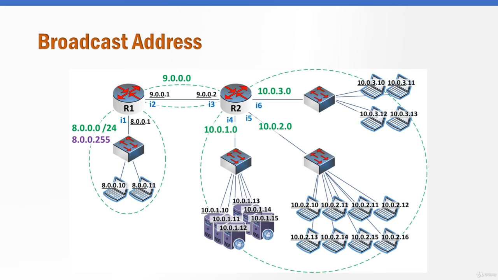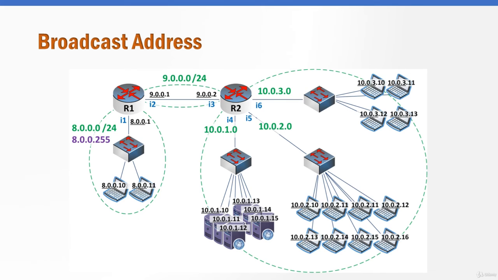So the broadcast address here is going to be 8.0.0.255. 8.0.0 is our network portion, and this last octet is our host portion. If it's filled with ones, it's going to be the broadcast address, and if it's filled with zeros, it's going to be the network ID or the network IP address.